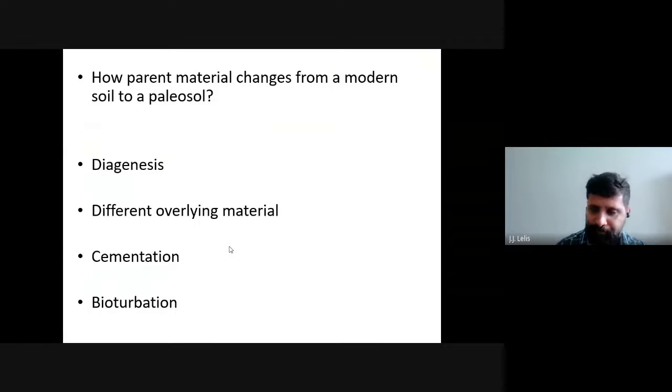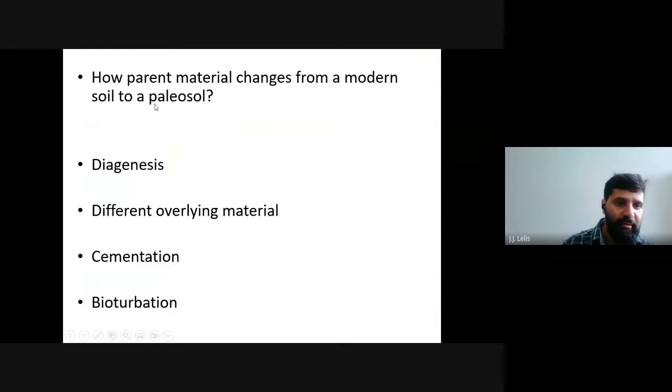Okay, so parent material can be easily changed by the burial process, because it can increase the diversity of chemical composition, and this could induce cementation or other processes.